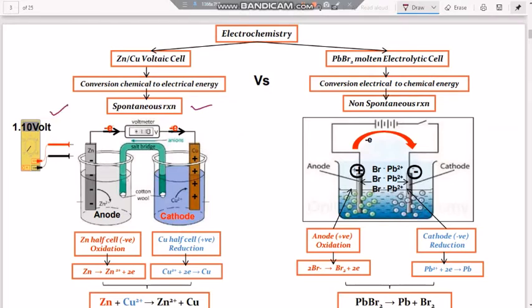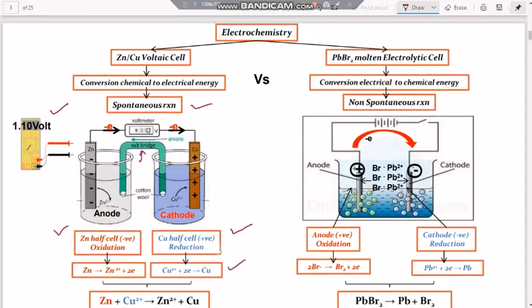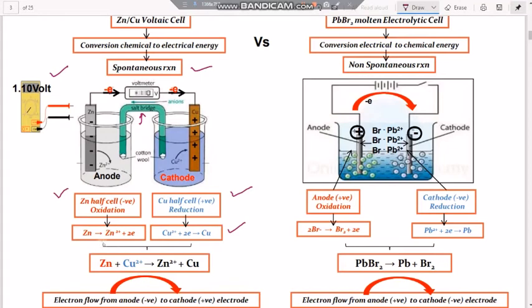In the picture, we call the zinc location the zinc half cell, and the right side the copper half cell. Both the half cells are joined by a salt bridge. You can observe the salt bridge here, and zinc is losing electrons, copper is gaining 2 electrons in these reactions. That is called the half cell reactions. Once we combine these half cells, you will get the cell reaction.